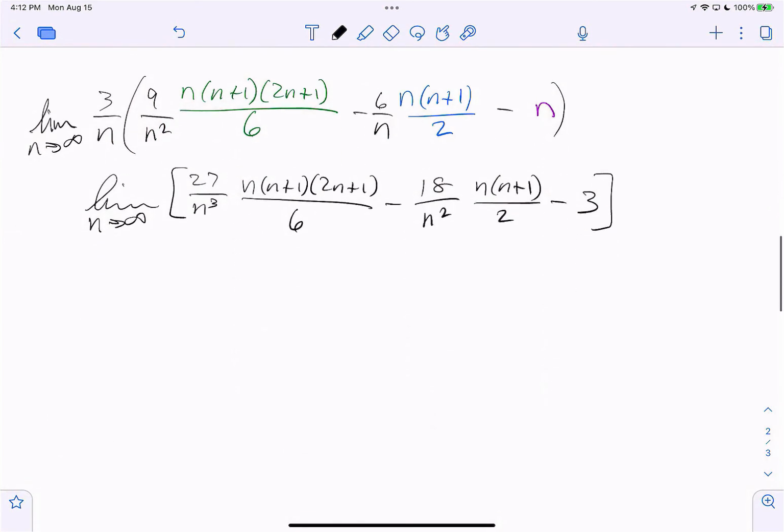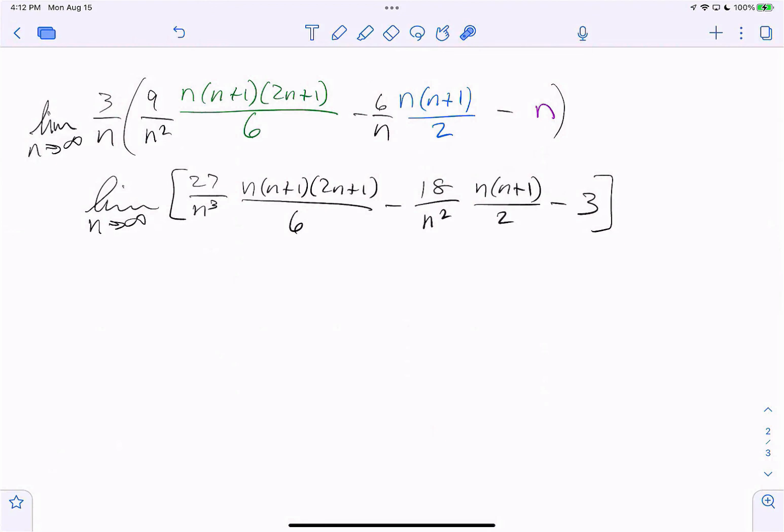Now what comes to mind is limits at infinity, because we have n going to infinity here. Now in the numerator, if we were to multiply everything out, the biggest degree is 3. In the denominator, the degree is 3. All that matters is the constant coefficients of the factors of n, essentially.